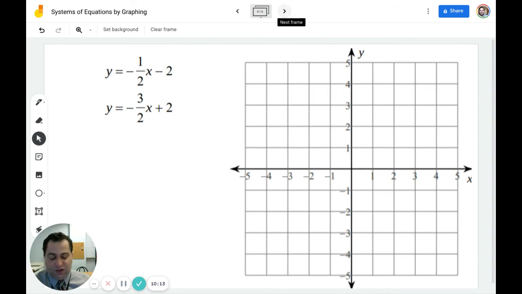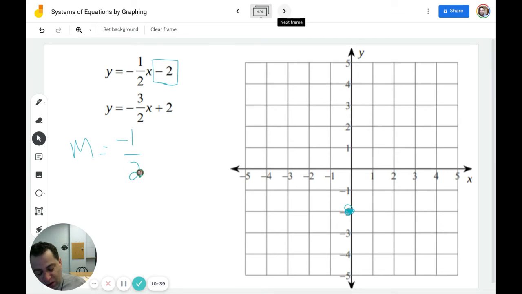All right, if we take a look at our first equation here, we have y equals negative 1/2 x minus 2. So I'm going to look for my number with no x's and y's. We have negative 2, so I'm going to start with a negative 2 point on the y-axis. Then I have a slope of negative 1/2.